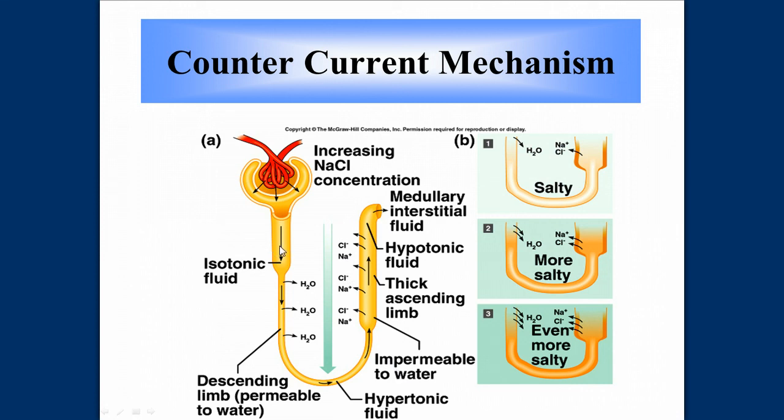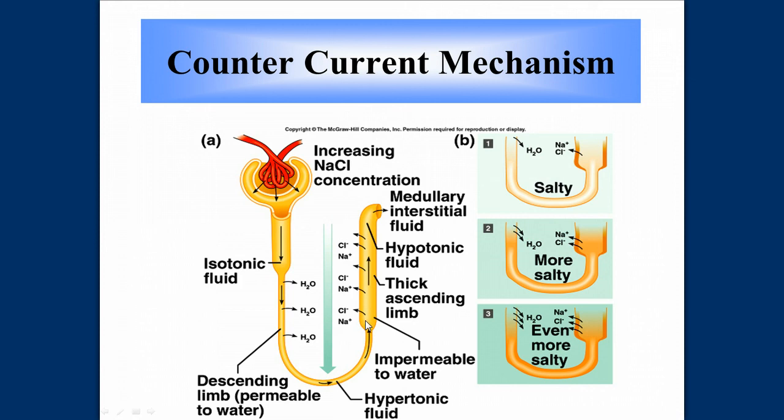Just another tidbit, the proximal convoluted tubule and the descending loop are a little less permeable to electrolytes, but you will have some passing. So anyway, it is permeable to water over here, but in the ascending loop and in the distal convoluted tubule, it's impermeable to water, so you're not losing any water here.